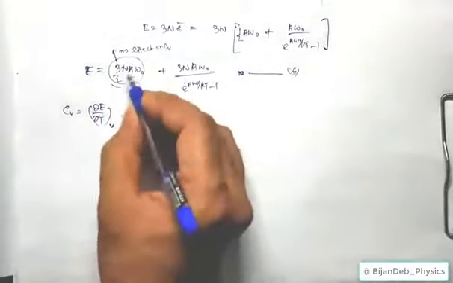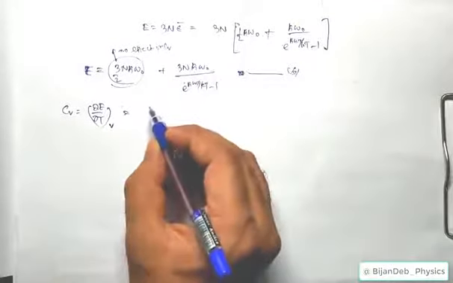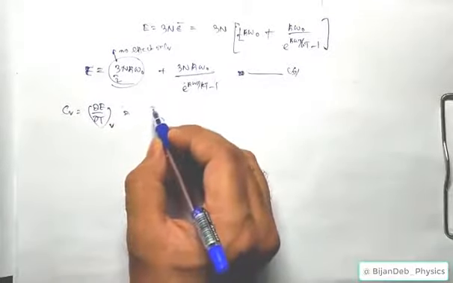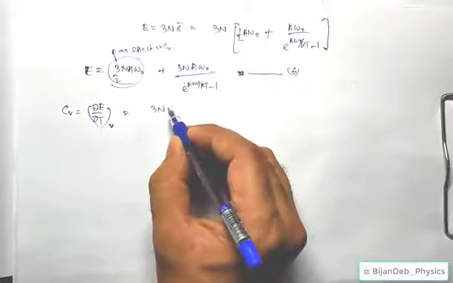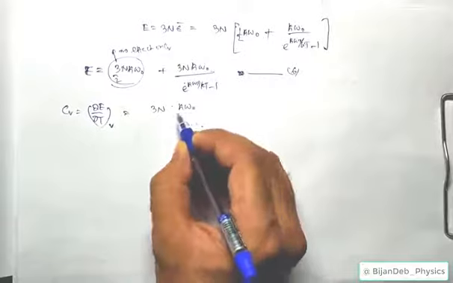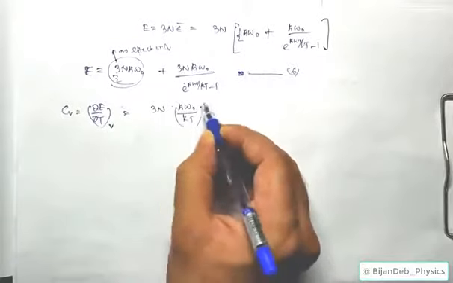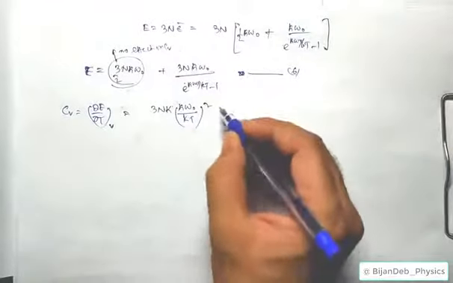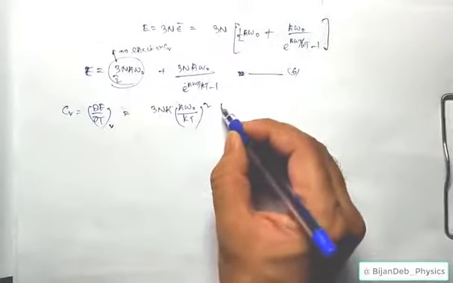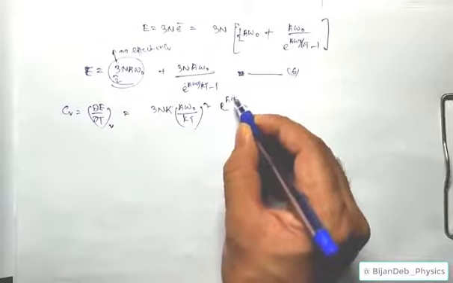This will have no effect because no T is there, only T is here. So what we will get, 3n h cross omega 0 by kT whole square. Here we have divided and multiplied by k for simplifying the result. So it will come out like this.